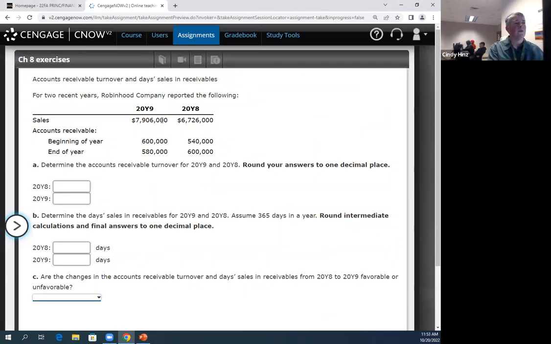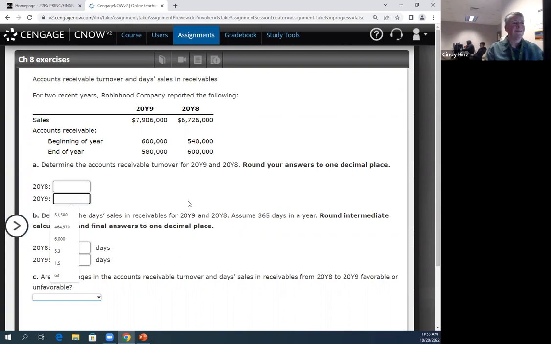Accounts receivable turnover is sales divided by average accounts receivable. We've seen this in a couple other exercises like inventory turnover already. The average is the beginning plus the ending divided by 2.